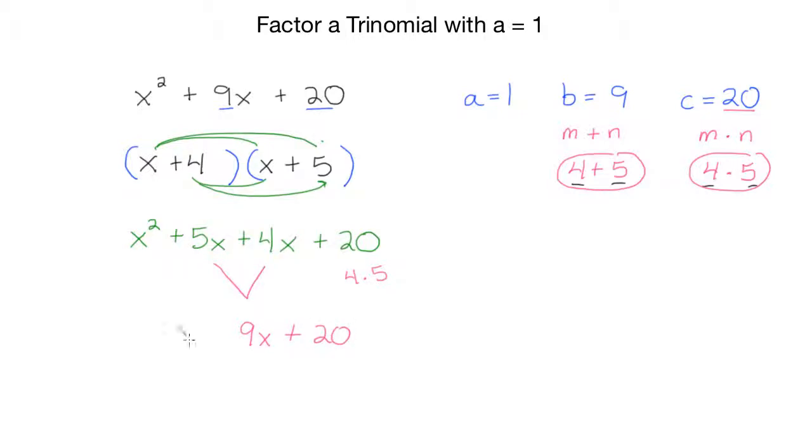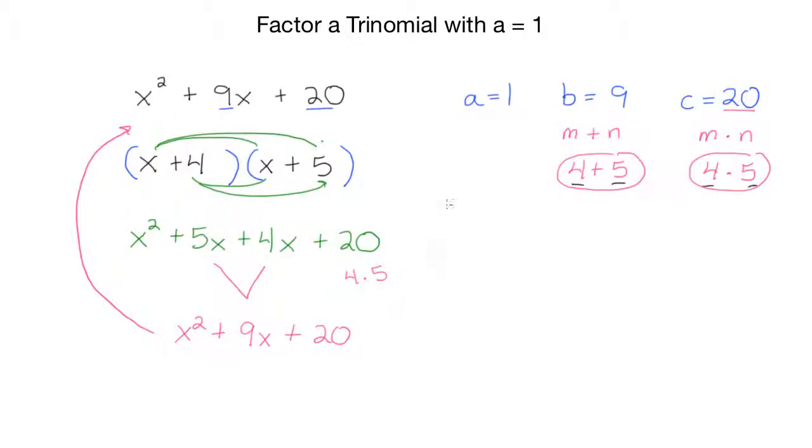We were working backwards to take our trinomial, and based off this 9 and based off the 20, and knowing how I multiply polynomials, we're able to then work backwards through that method and get to our factored form.